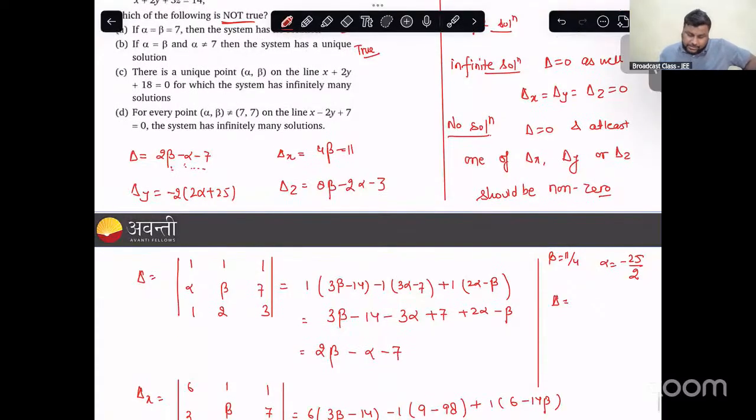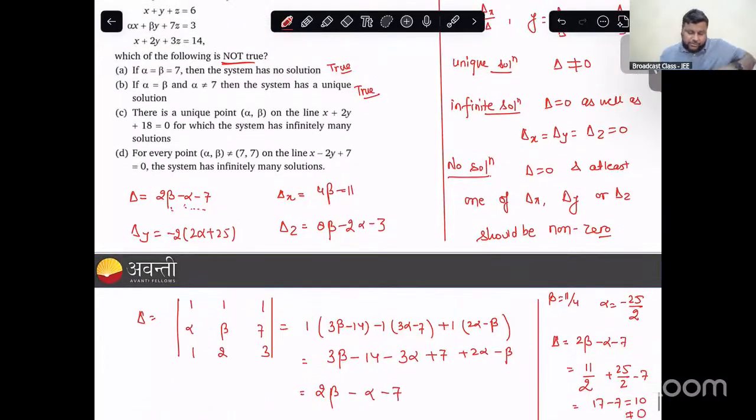So delta is going to be, so 2 beta is 11 by 2 minus alpha. Alpha is 25 by 2 minus 7. So 11 plus 25, 36 by 2, 18 minus 7, that is 11, which is non-zero.